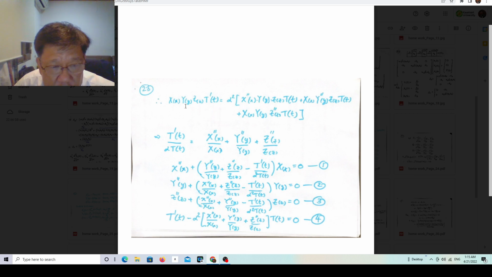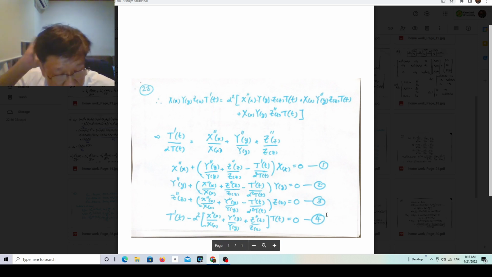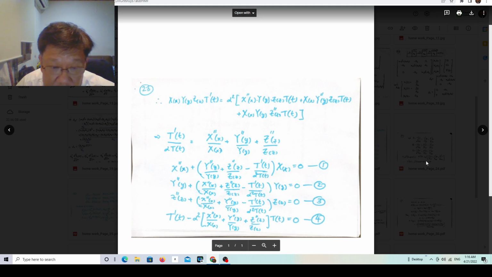If you divide both sides by the original u, formulated as a product of X, Y, Z, T, and rearrange the terms, you end up having this relationship. Then you can separate and get these four corresponding equations. If you don't know how equations 1, 2, 3, 4 come from, go back to the analysis and the clip where I taught you about the two-dimensional heat equation.